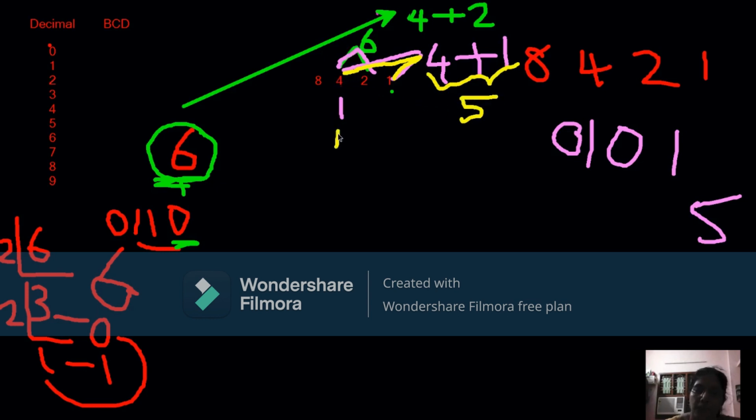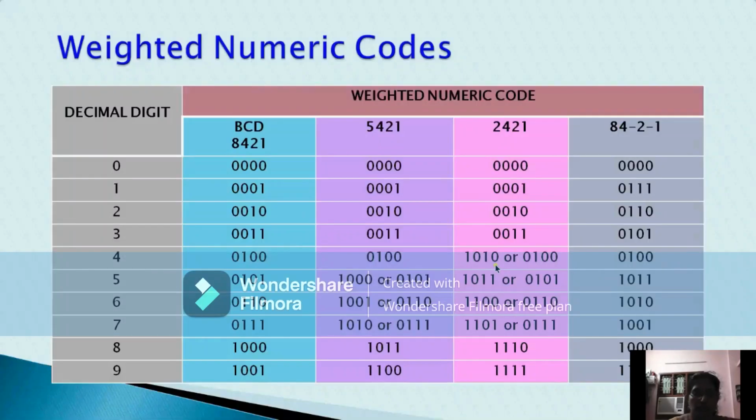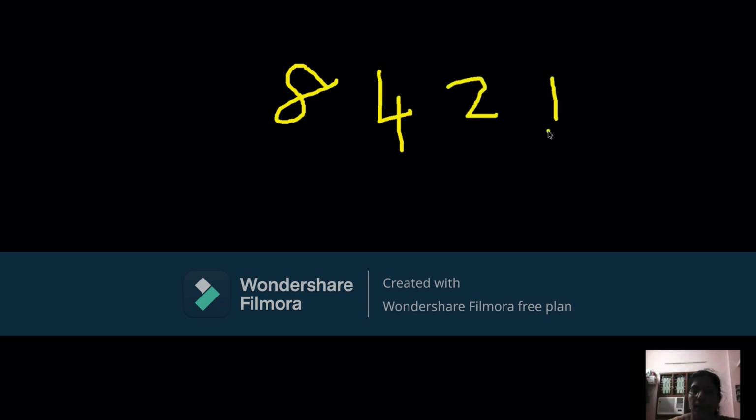In the place of 4, put 1. In the place of 1, put 1. Remaining positions, put 0. Any difficulty? Understood now? So how are we calculating binary values using 8421 code? Understood?